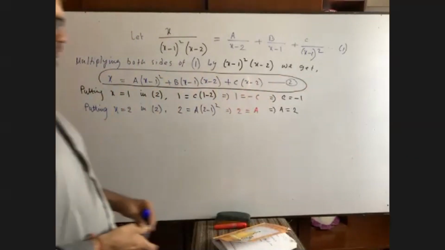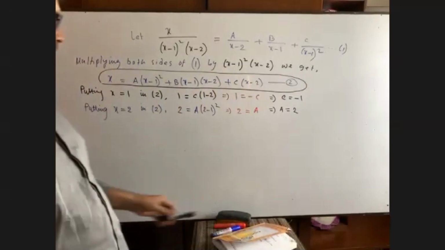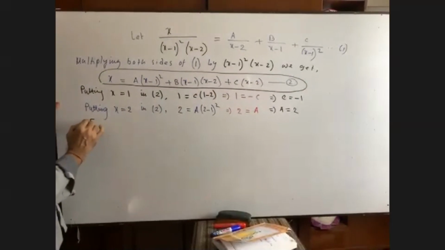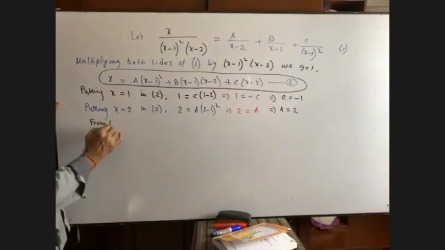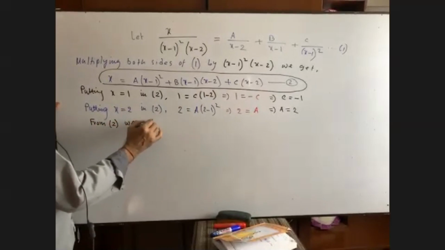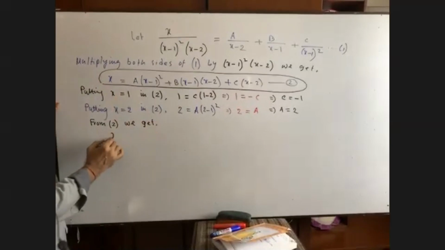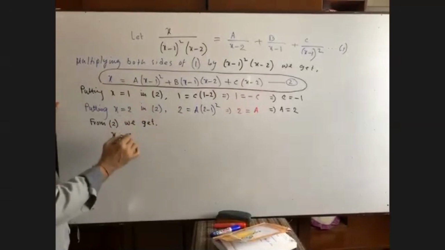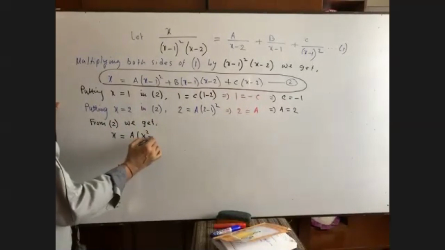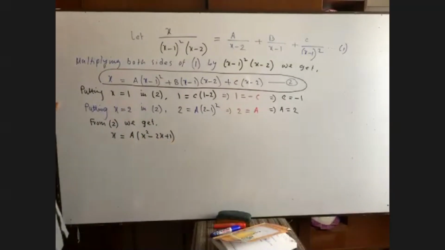You write down from 2 we get x is equal to, can you please let me know, A into x square minus 2x plus 1, right?